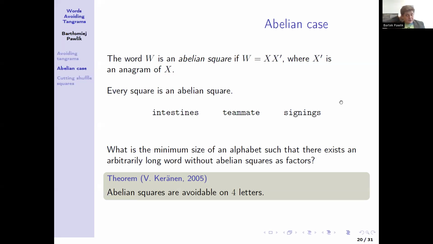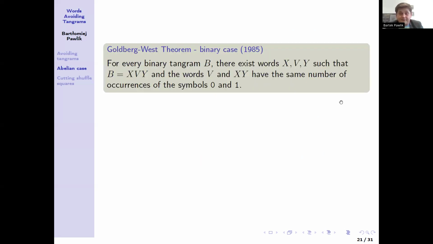This is the question that was posed originally by Paul Erdős, I think in the 60s, in 1961, and was answered by Veikko Keränen in 2005. And Keränen proved that abelian squares are avoidable on four letters.